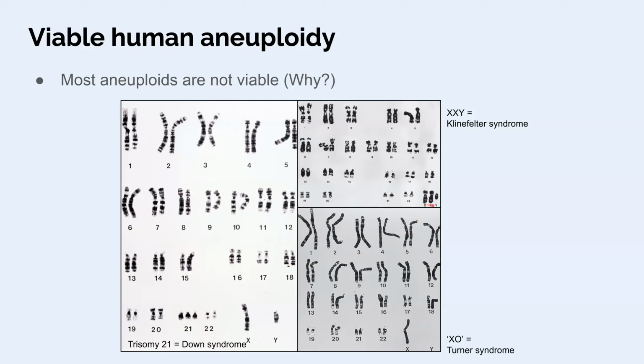If you have two X's and a Y, one of those X's can be inactivated, and this individual will have mostly development like a male. So one functional X and a Y. Same thing here: missing an X is pretty similar to having an X inactivated. So it is just one intact X that has to do all the heavy lifting for all the cells.